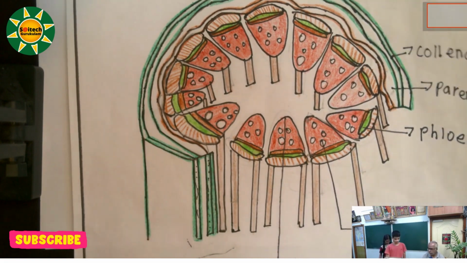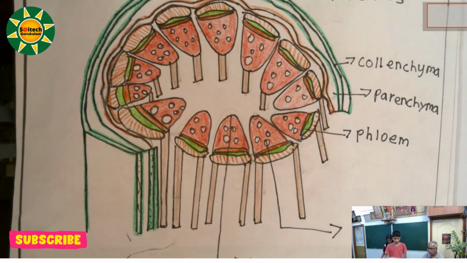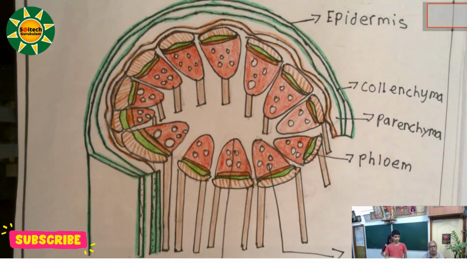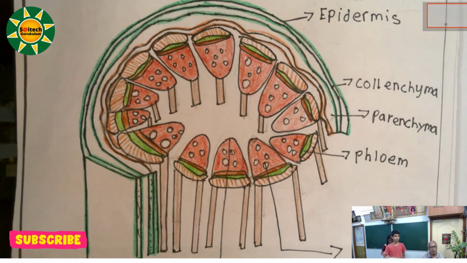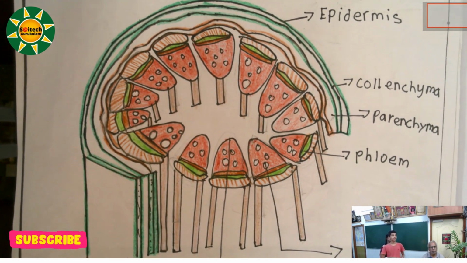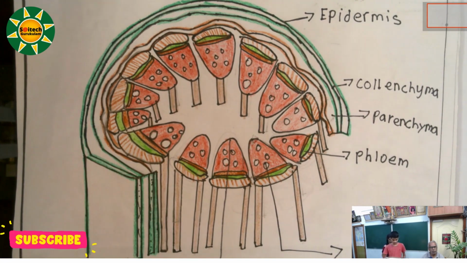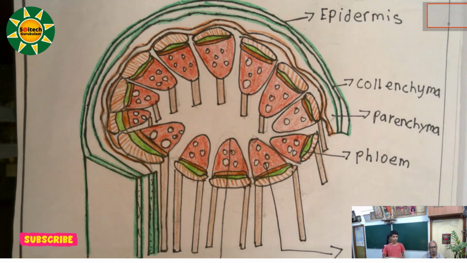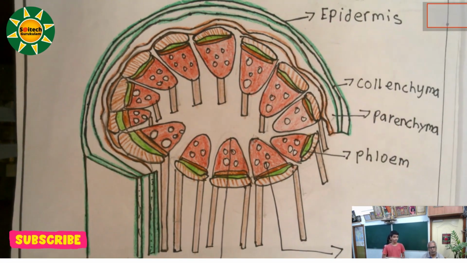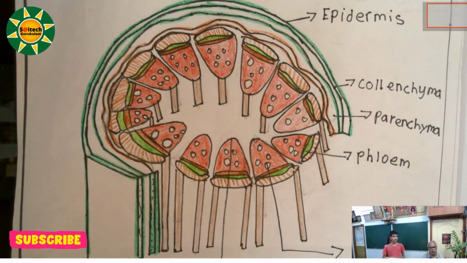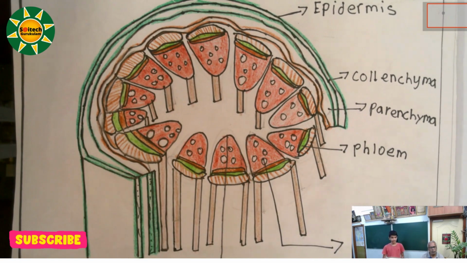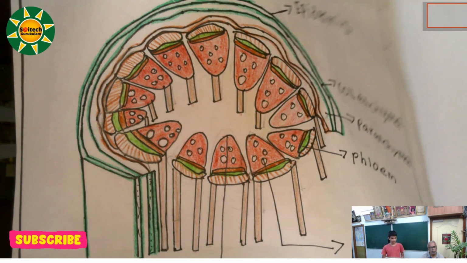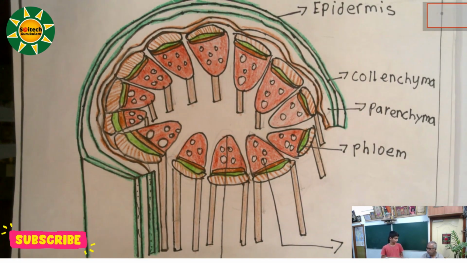If we start with permanent tissues, the intercellular spaces are like gas. If you see in matter, gases are loosely packed. In that way, even permanent tissues are loosely packed.